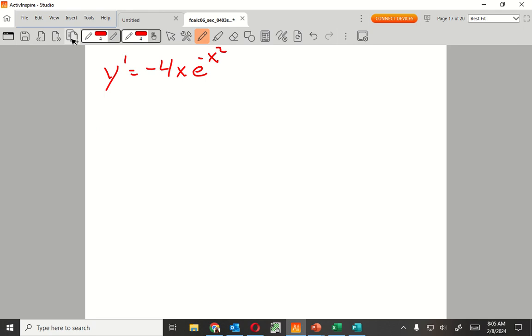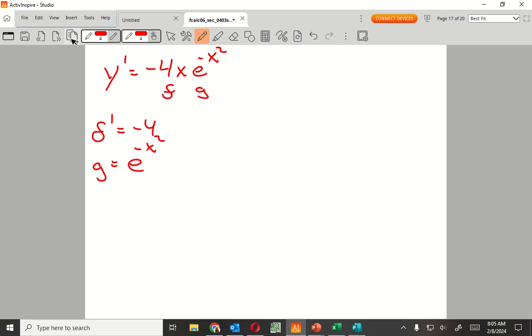So I'm going to do my u again, but before I do that, I have my f and I have my g. So f prime is going to be negative 4. g is like the first one. What I'm going to do is the u sub again, right?